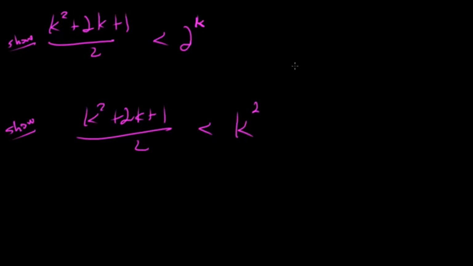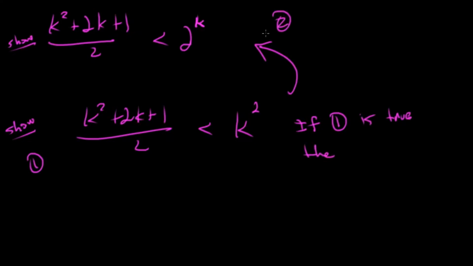I want you to think for a second why, if this statement is true, I'm going to call this statement 1, if statement 1 is true, then statement 2, why is that the case? Think about that for a second.